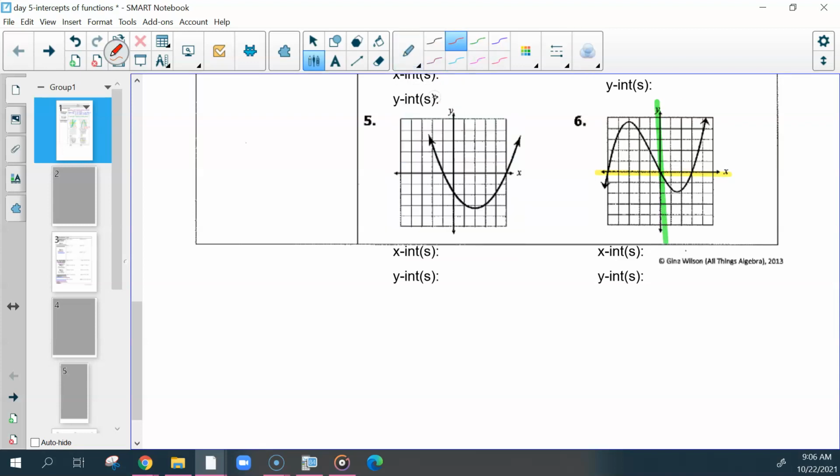Just tell me one of them. -5, 0 is one of them. Javier. 0, 0 is another. -1, 0. Or -1, 2. So that wouldn't be an intercept because it doesn't cross the x-axis. But 3, 0 would be.